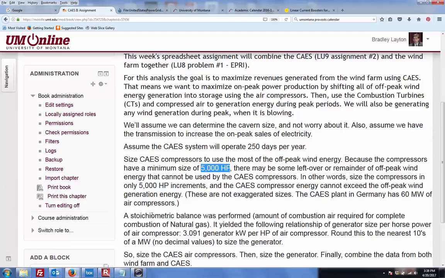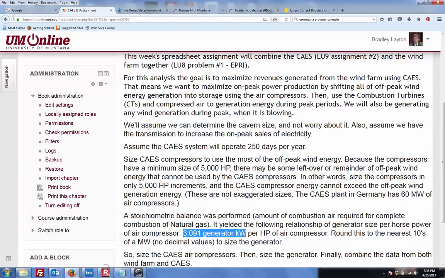Okay, so we did the stoichiometry, which yields the following relationship of generator size per horsepower of air compressor: 3.9 generator kilowatts per horsepower of air compressor.